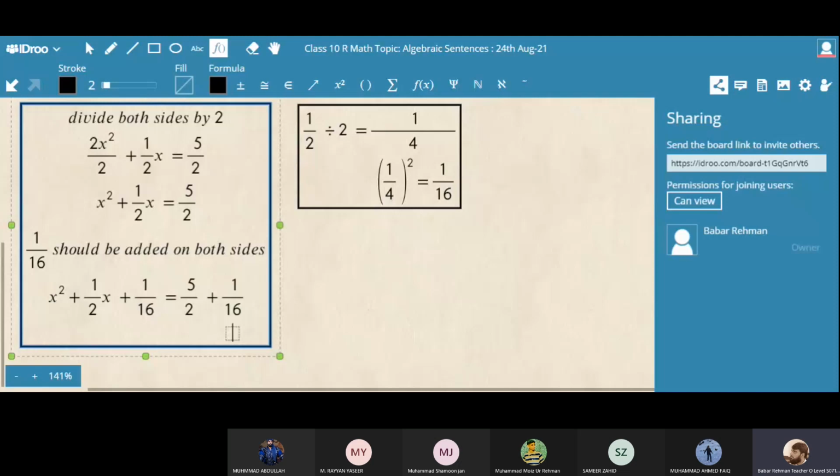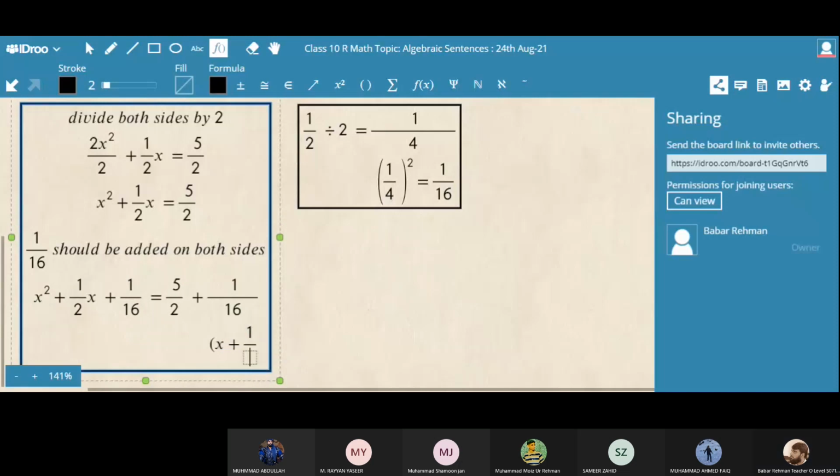How can I close this formula? Remove this square. So it will be like, look at this, x plus 1 upon 4, x plus 1 upon 4. You just remove square from here and this one. Don't count this in the expanded completing the square.